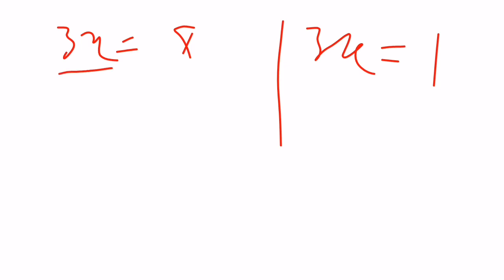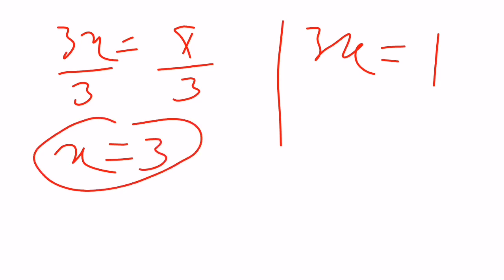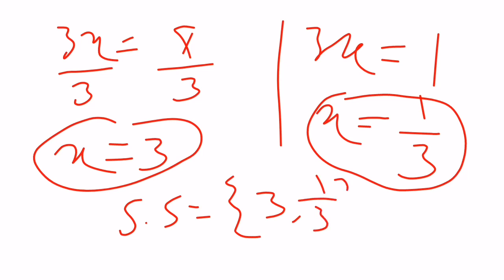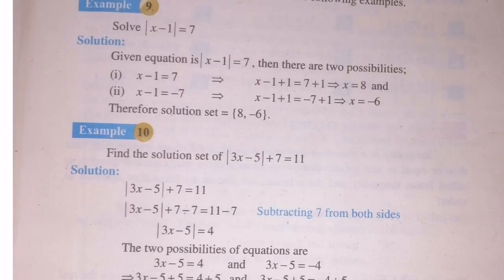Dividing both sides by 3, x becomes 3. And here, if we divide both sides by 3, x is equal to 1/3. So the solution set becomes 3 and 1/3.